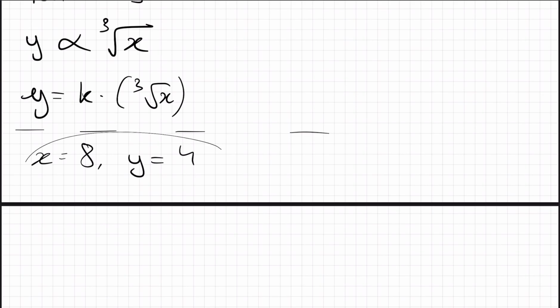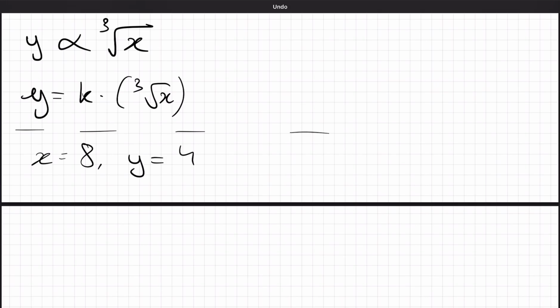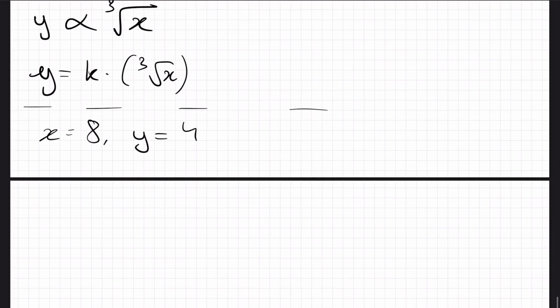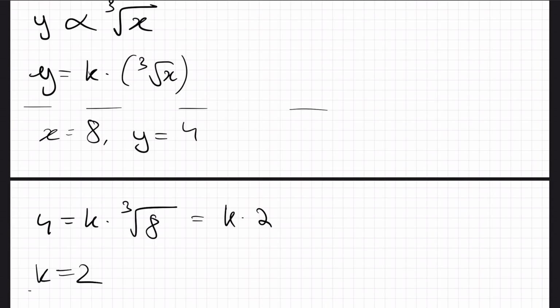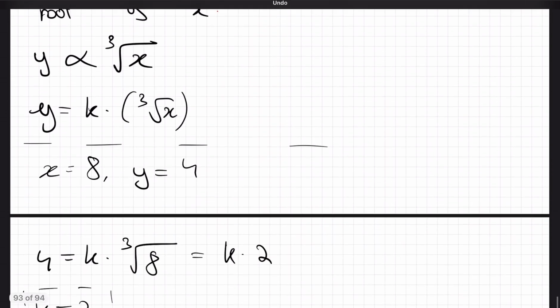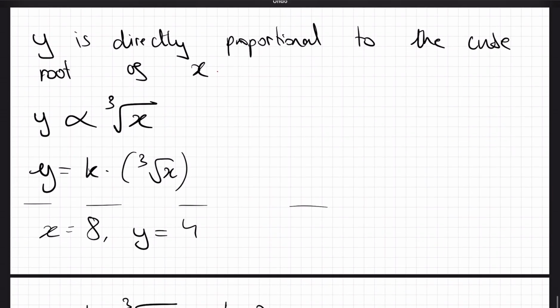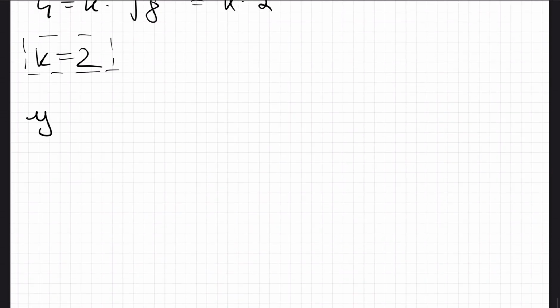Now we put these numbers into this equation, so we get 4 is equal to k times the cube root of 8. And we know the cube root of 8 is just 2. So therefore, k is equal to 2. And there we go, we found k. Finally, let's put this back into the original equation. So y is equal to 2 times the cube root of x.